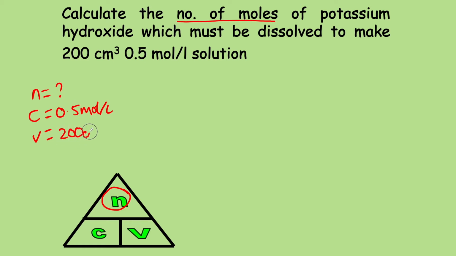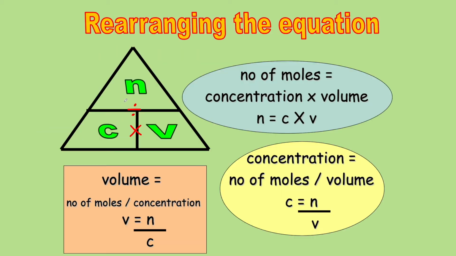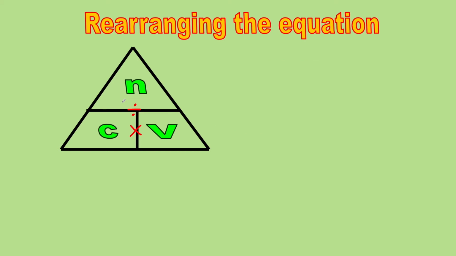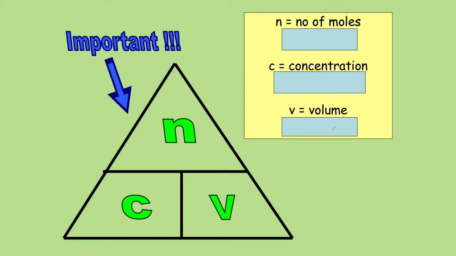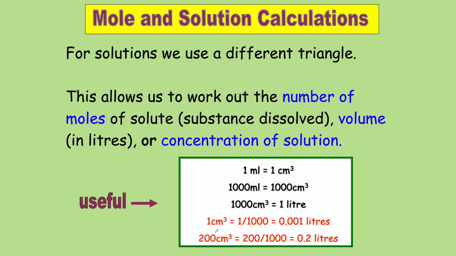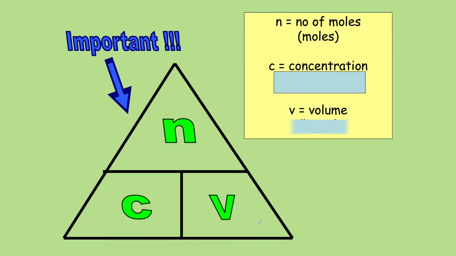Now, if you remember, that's not what we said we were going to measure volume in. If we go back here, we actually like to measure volume in litres. So we need to know how to go from centimetres cubed into litres, and what we have to do is divide by 1,000. So that's what we're going to do now.